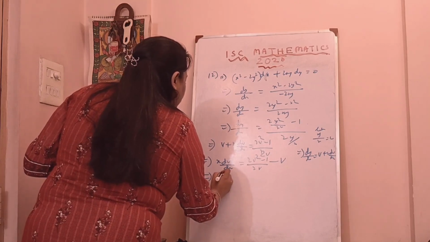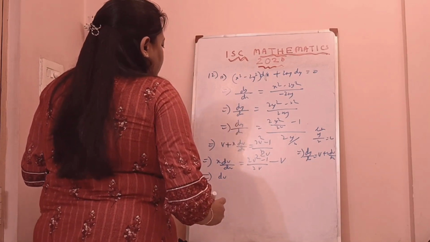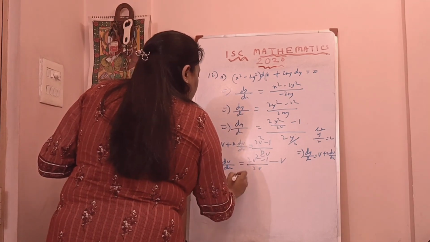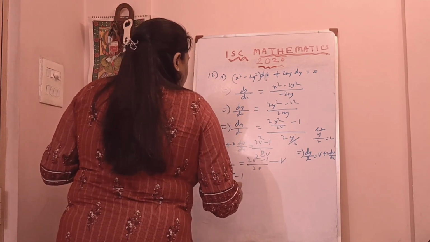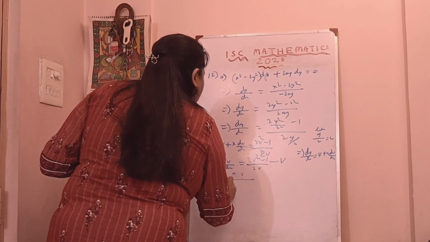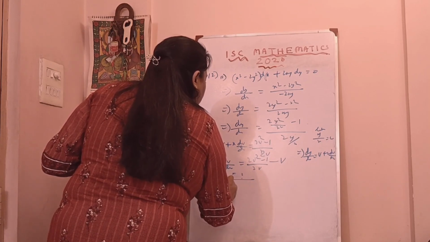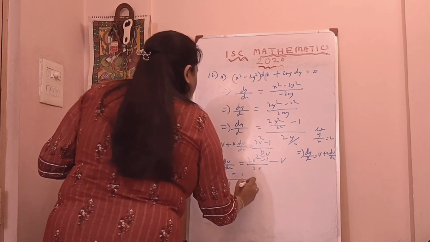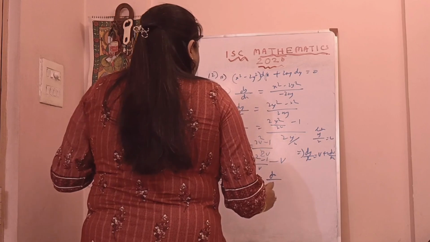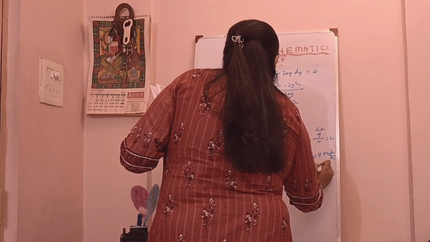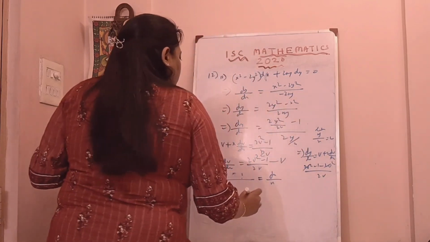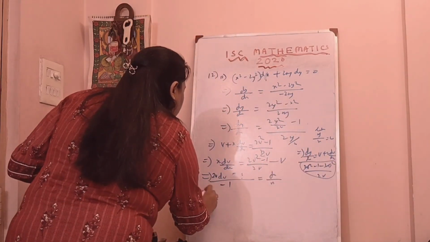So x dv/dx = (2v² − 1 − 2v²)/(2v). The 2v² cancels, leaving −1/(2v). So 2v dv = −dx/x.